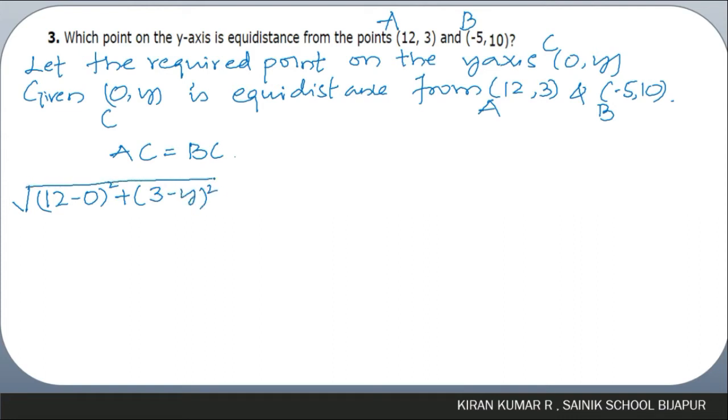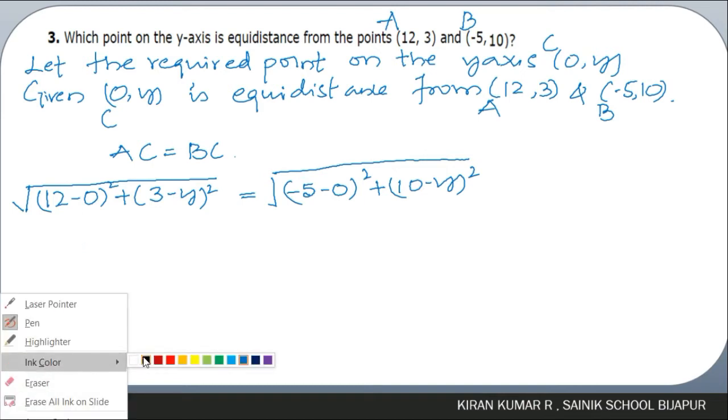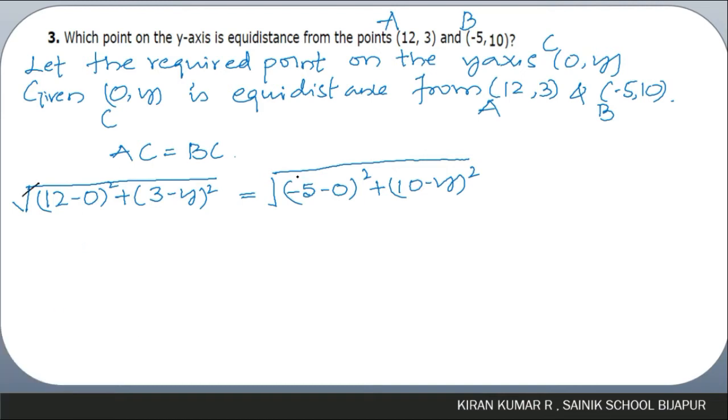This will be equal to the distance BC: x2 minus x1 whole square is negative 5 minus 0 whole square plus 10 minus y whole square. Now there is under root on both the left hand side and the right hand side, so you can square on both the sides so that the square root will get cancelled.